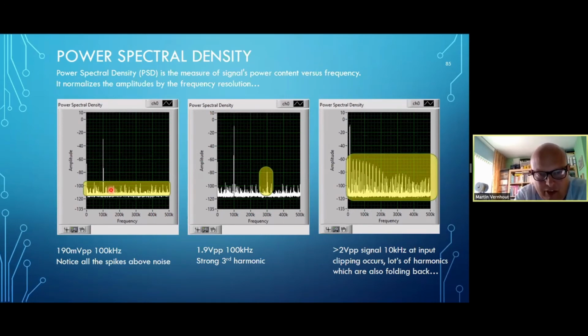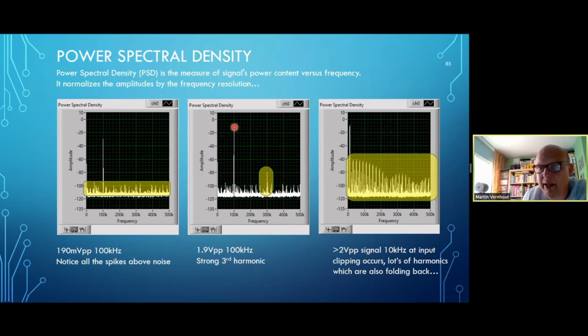That does not mean that our generator is very bad, but it means there are some spikes above the noise coming from the generator, and you need to understand that this is the quality of the generator. It also shows you that there is a strong third harmonic. That means if this is the fundamental frequency, at 3 times that frequency, we call that the harmonic, we still find a little bit of power.